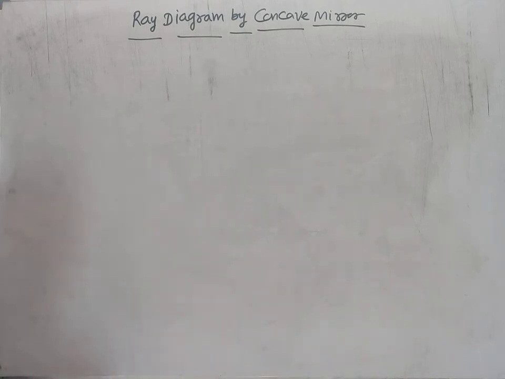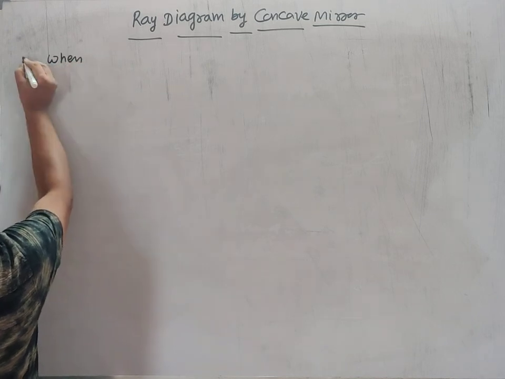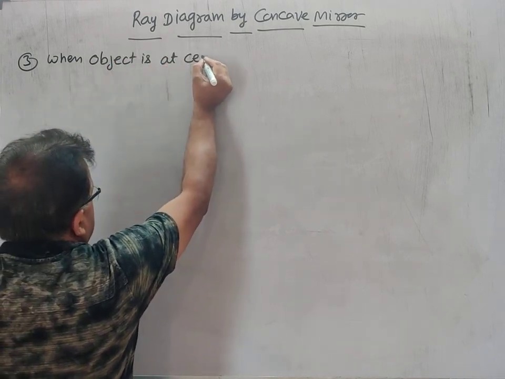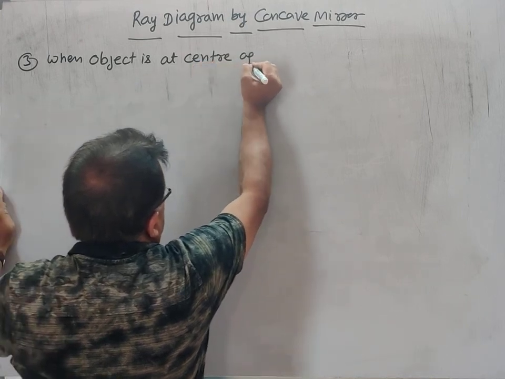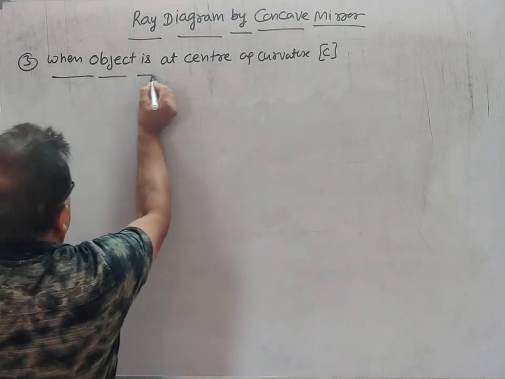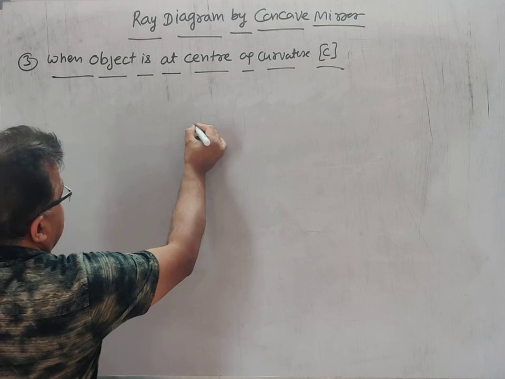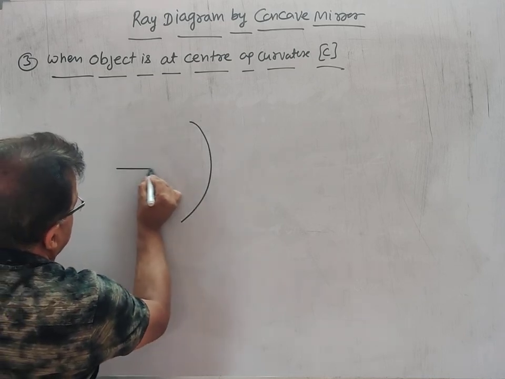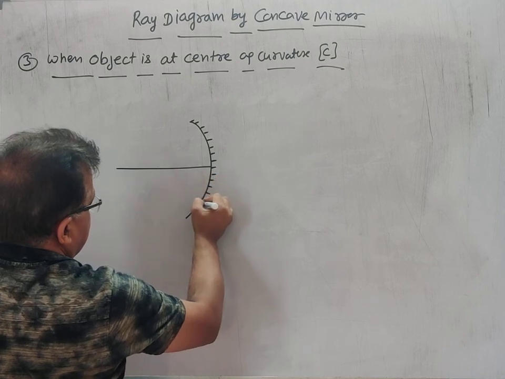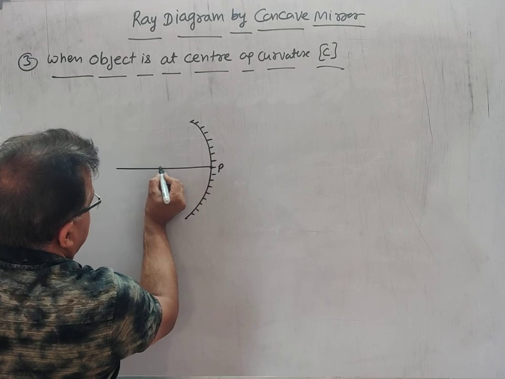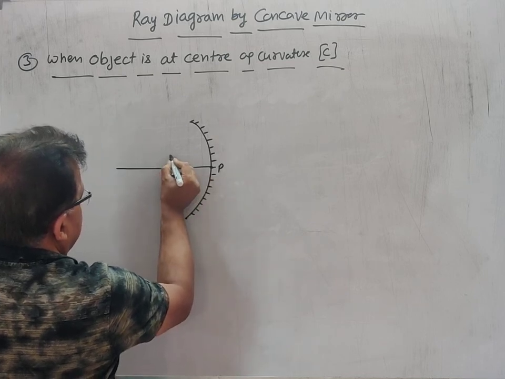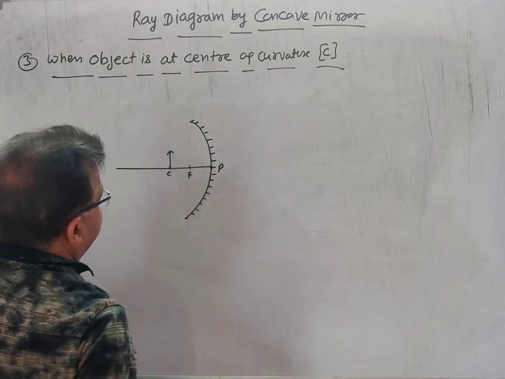Image formed by a concave mirror when the object is at the center of curvature, that is C. The object is at the center of curvature, that is C. So again, it is the pole, it is the center of curvature, it is the principal focus, and the object is placed here, that is, at the center of curvature.